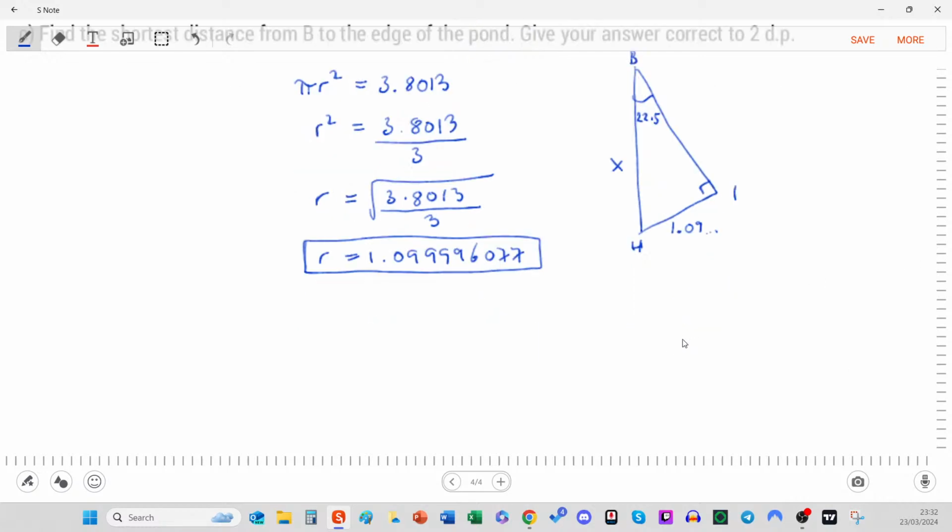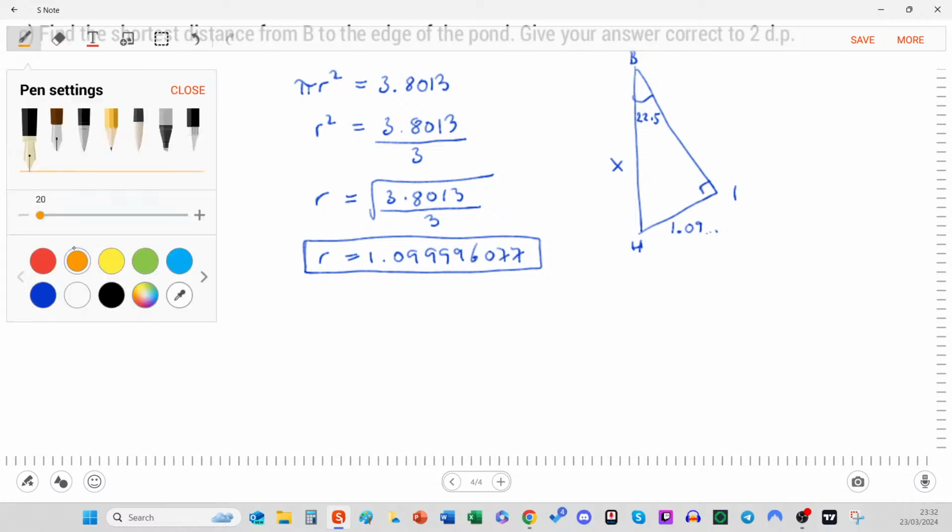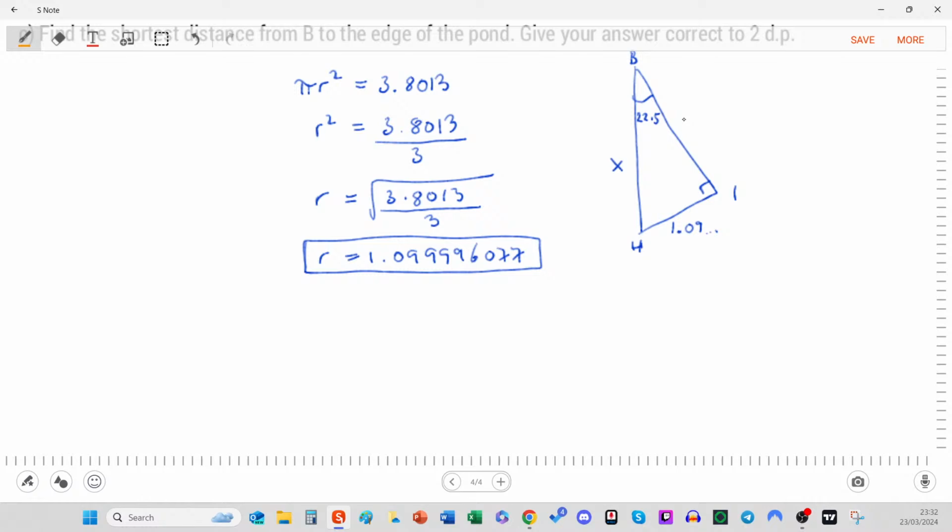So, trigonometry it is. And what have we got? Well, let's go for orange. Here's the angle, so this is the opposite. And opposite the 90 degrees, we have the hypotenuse. So that looks like the sine ratio. So sine of the angle, 22.5, is equal to the opposite, 1.09 dot, dot, dot, over what we want, which is x.